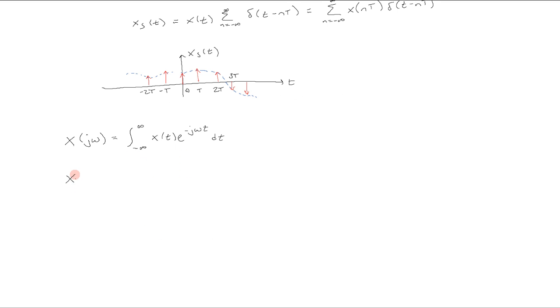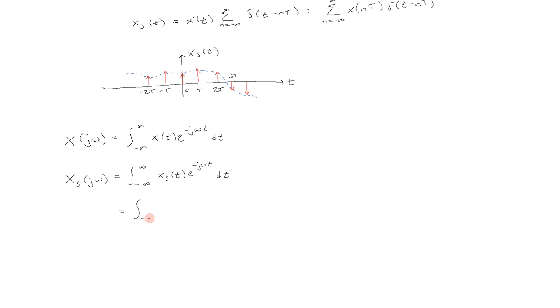So we'll say that x sub s of j omega, the Fourier transform of x sub s of t, is going to be the integral from negative infinity to infinity of x sub s of t e to the minus j omega t dt.